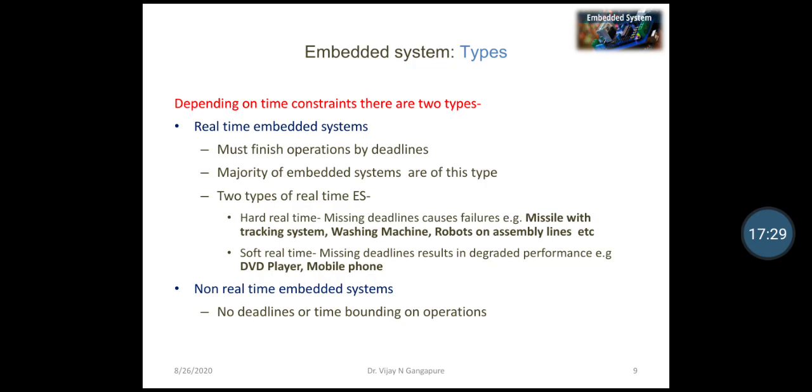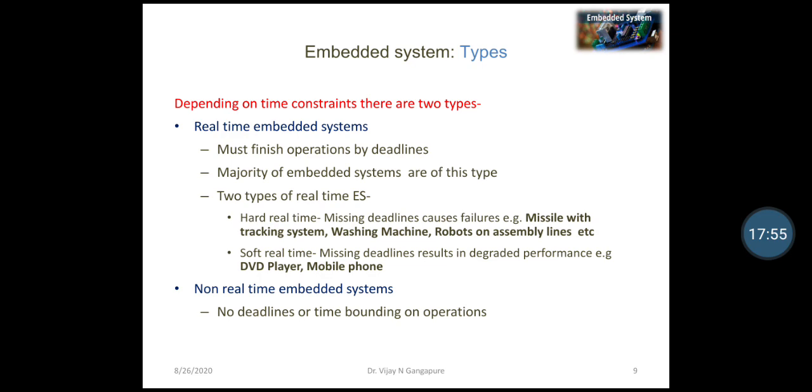Another example of a hard real-time embedded system is robots on assembly lines. For example, in the automobile industry, for assembling vehicles, robots are there, and if any one of these robots does not achieve its function in time, then there will be failure of that assembly line.